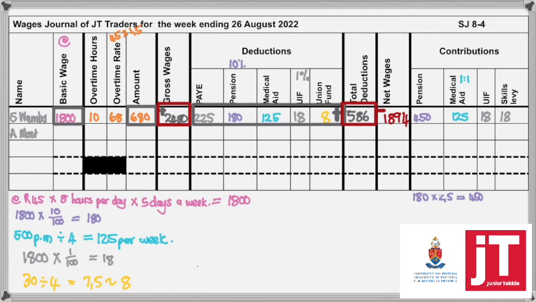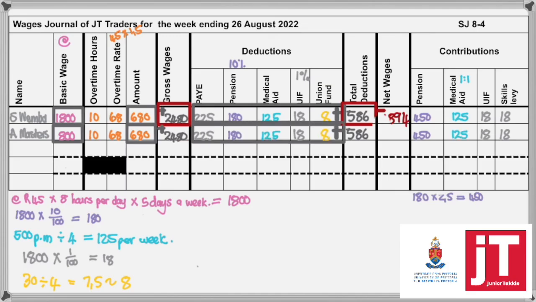Then the next person, Masters, is more or less the same in terms of calculations. 1,800 Rand basic wage, also 10 hours, and all of it is then copy paste the same.